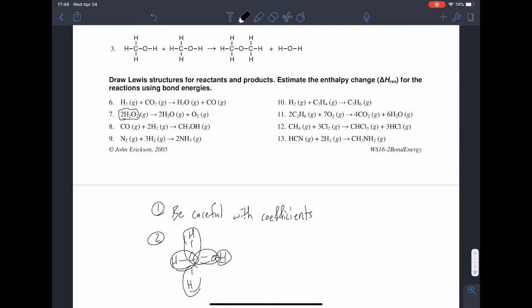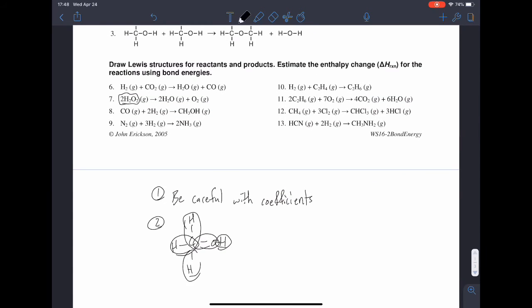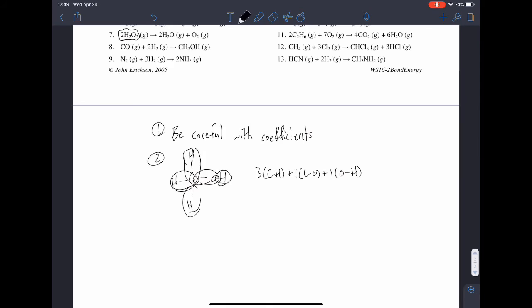So there is quite a bit of enthalpies for you to look up here. So there will be 3 times the C-H bond, plus 1 times the C to O bond, and there'll be also plus 1 times the O to H bond. And that would be the breaking of all of these bonds for this one molecule. So you have to be really, really careful with that.